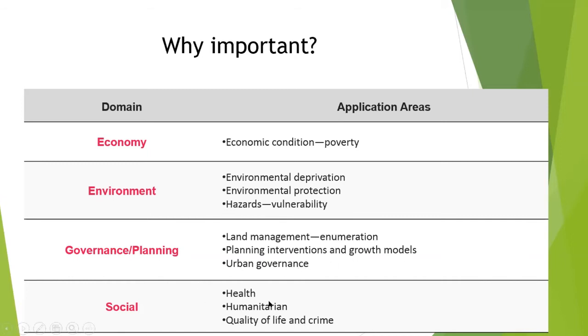Also social aspects, like where we need to put sanitation, where we need to put hospitals and all those things. So these are the things that should be implemented through the automatic categorization of the urban pattern.